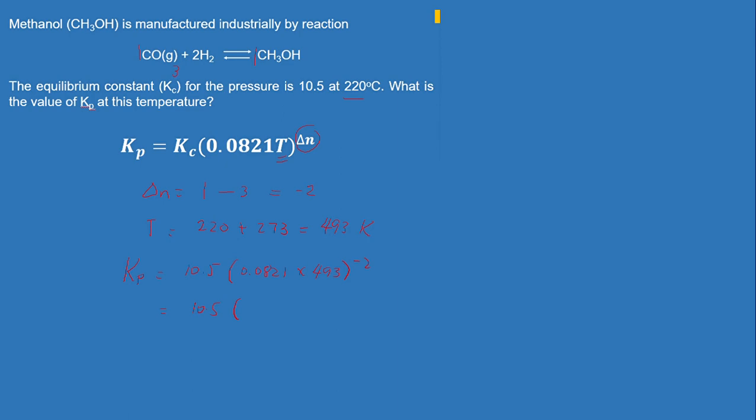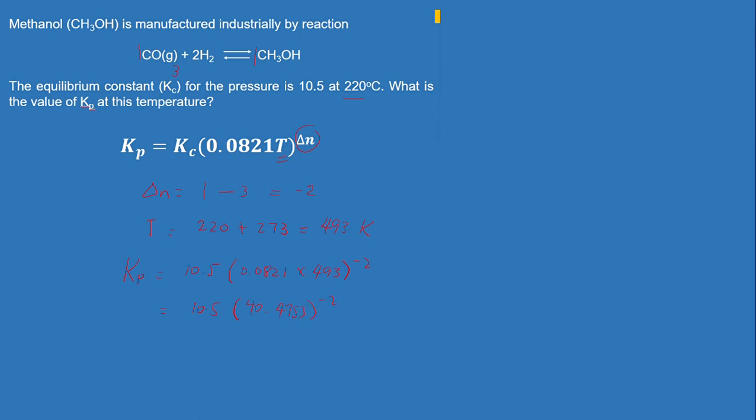So 0.0821 times 493, that is equivalent to, i-retain muna natin marami-raming decimal places, 40.4753 raised to negative 2.